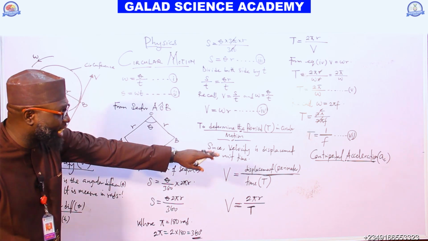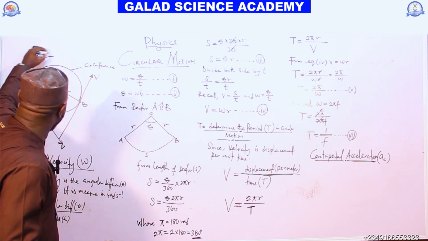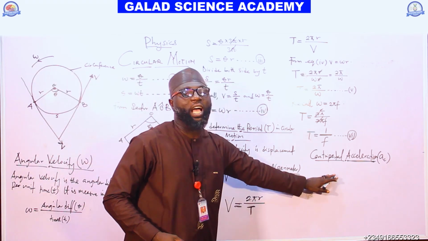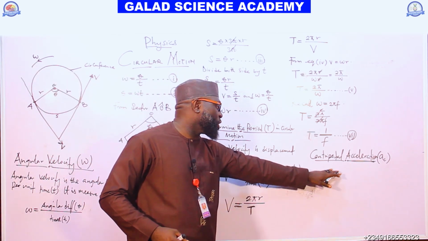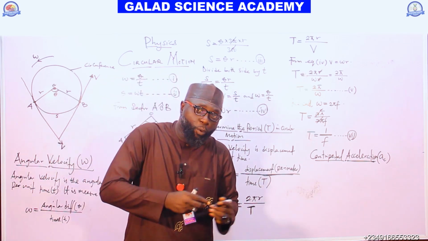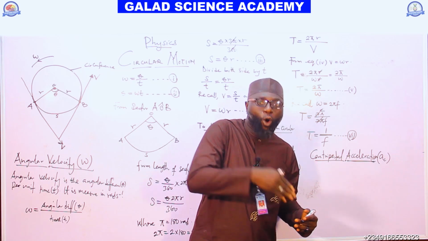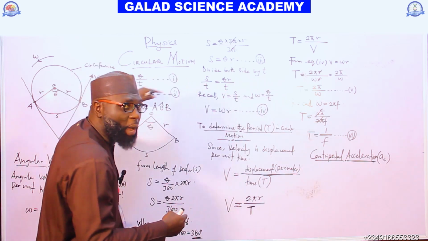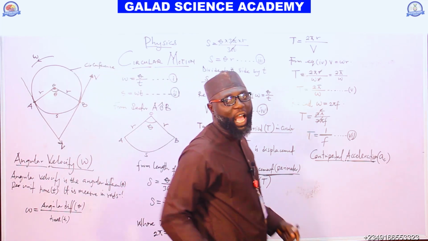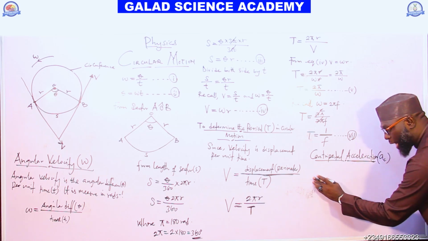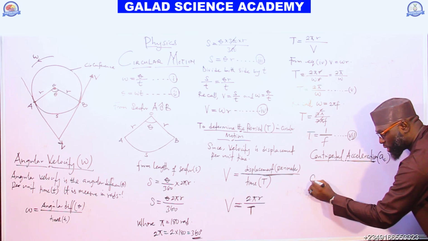Any acceleration that keeps a body moving along a circular path is called centripetal acceleration, or we can also call it radial acceleration. It's an acceleration that keeps a body moving toward the center of a circle.